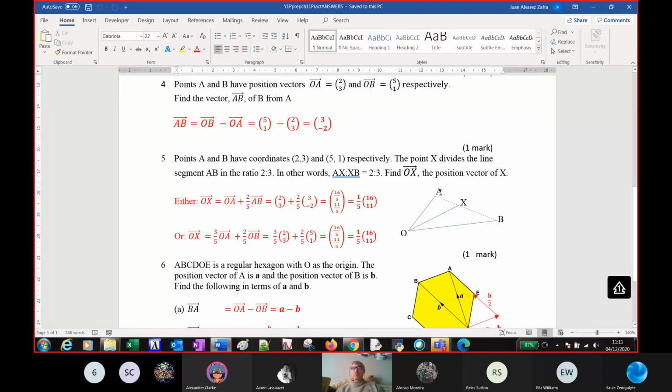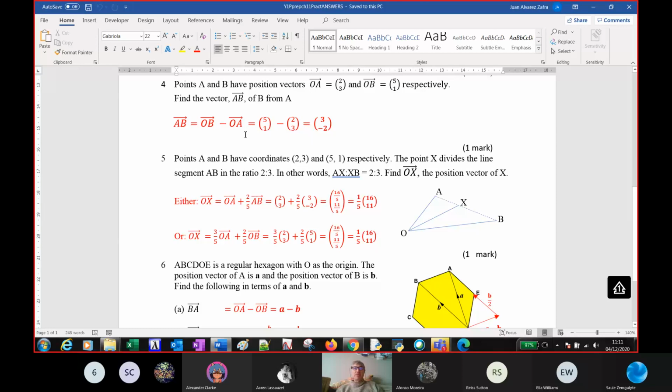So we want to travel from A to O first, so that's minus OA, and then plus OB. So the vector from A to B is minus OA plus OB. But typically, we write in the equivalent form OB minus OA, which is the same as minus OA plus OB.